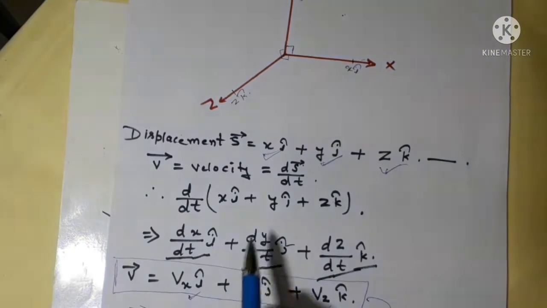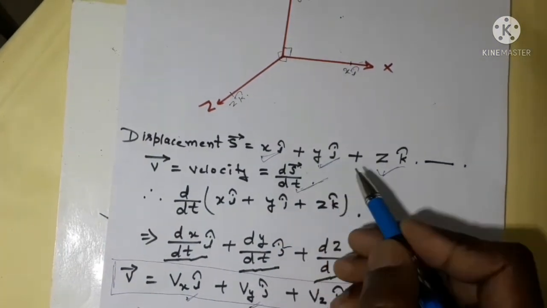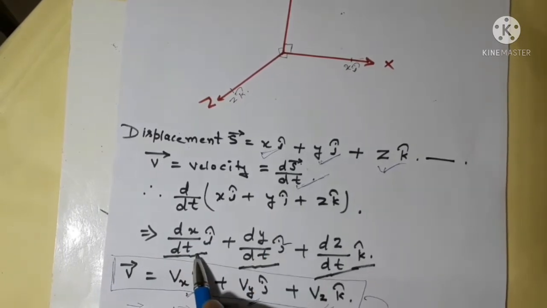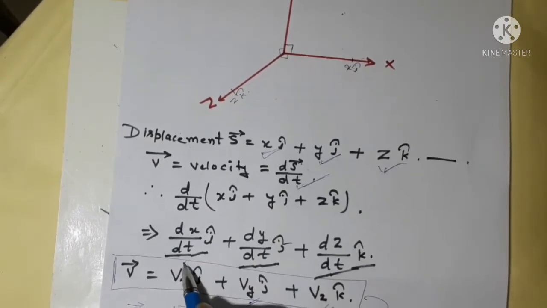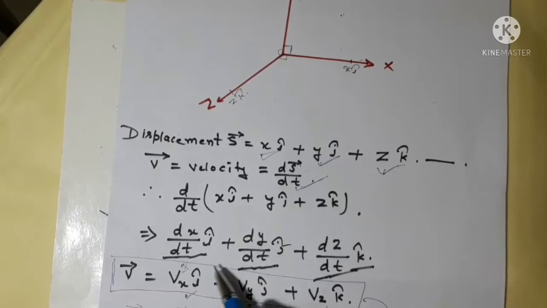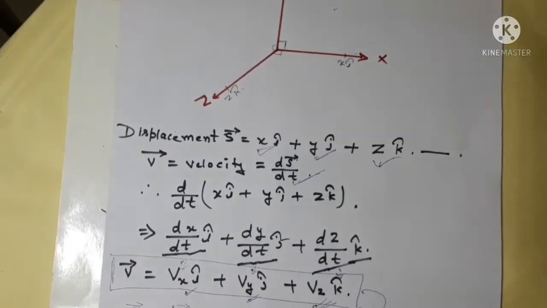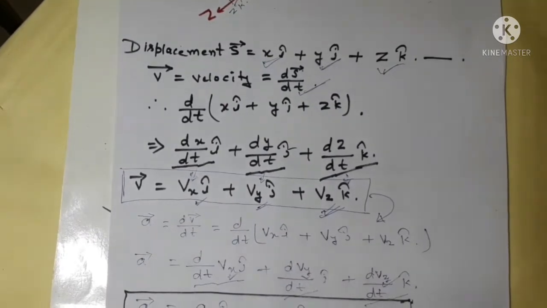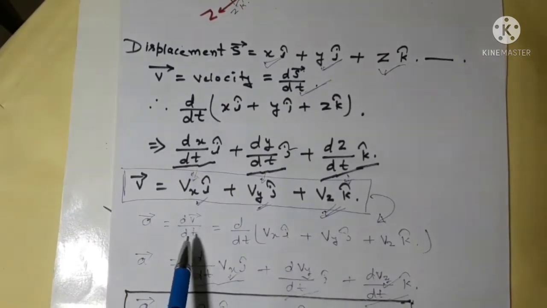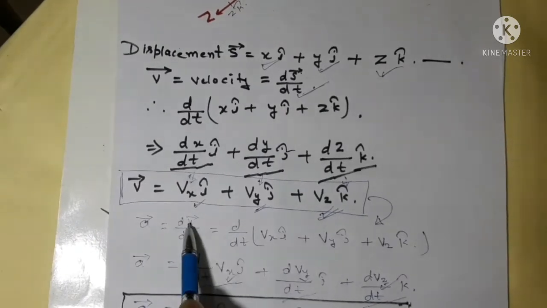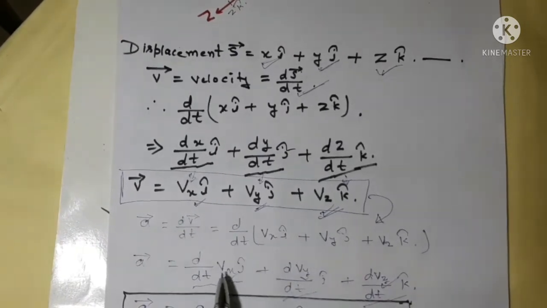Velocity is known as rate of change of displacement. So we can write like this. This is x-axis velocity and this is y-axis velocity and this is z-axis velocity. Now acceleration is known as rate of change of velocity. So we put the value of velocity, and this becomes like this.